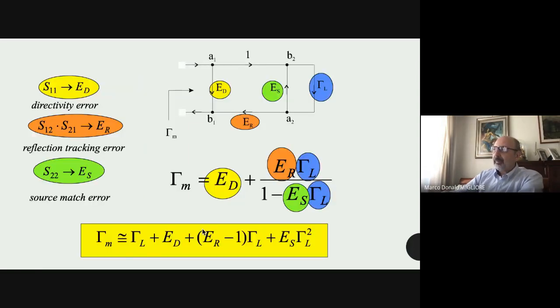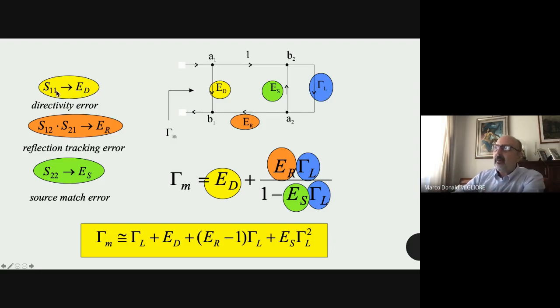So, of course, the S parameters are the parameters of an equivalent, let us say, error device. So in literature, they are not called S because we use S for the device under test usually. So they use E. E stands for error because they are related to an error circuit.